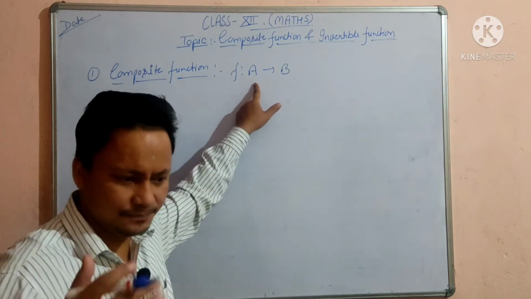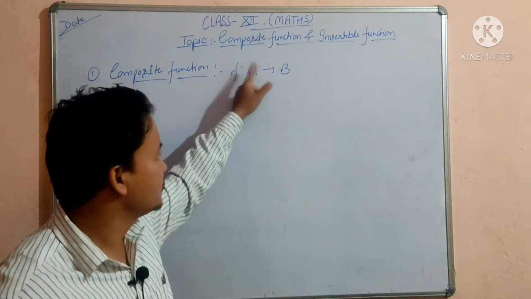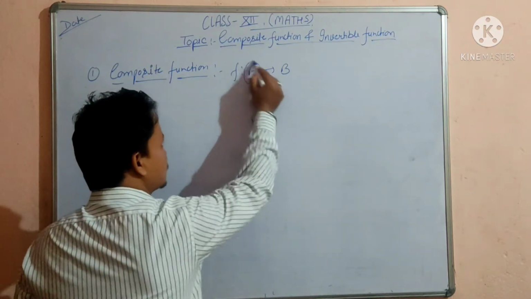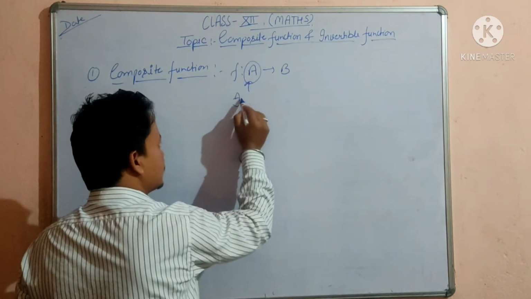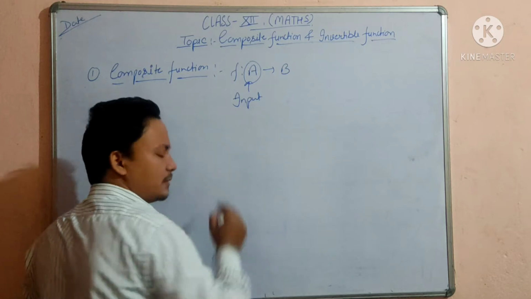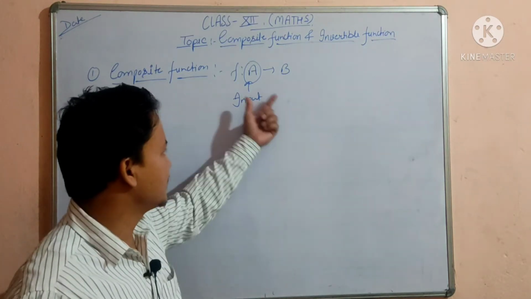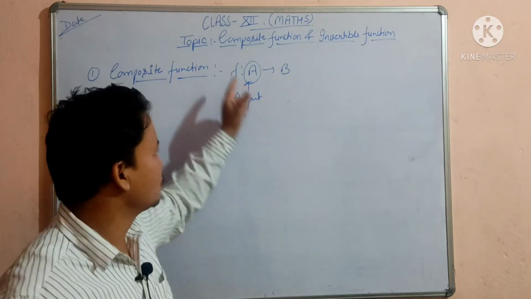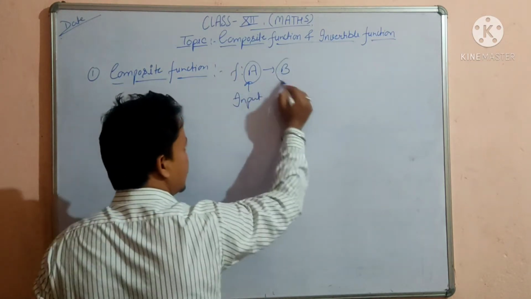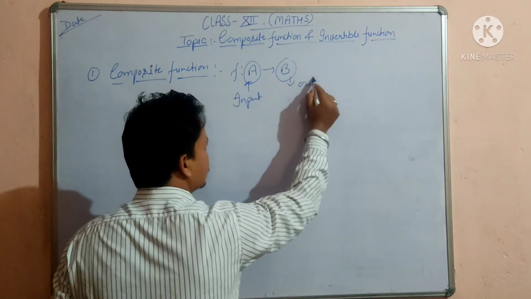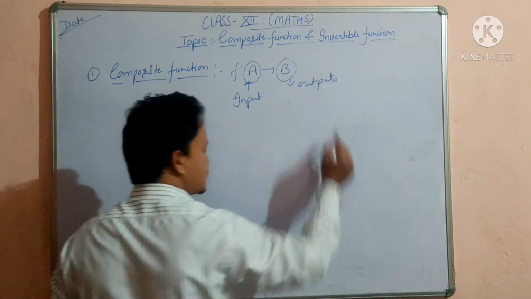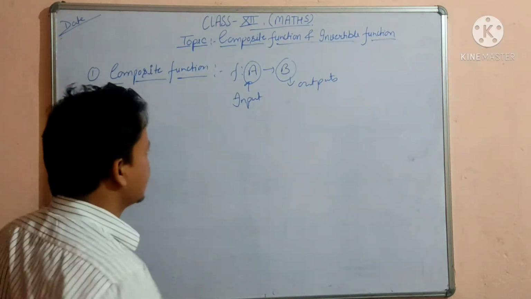Domain is the set of all inputs, the values of x, and codomain is the set of all outputs.